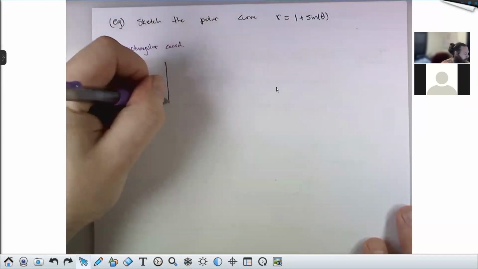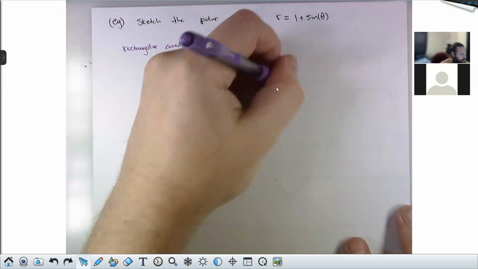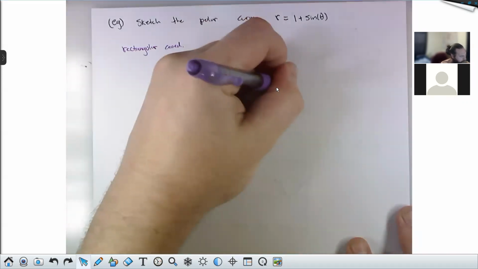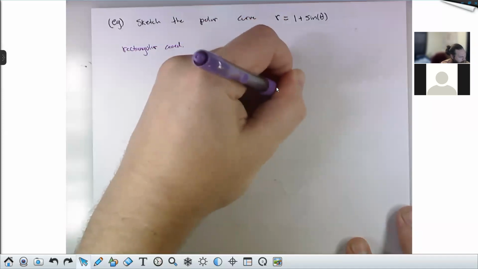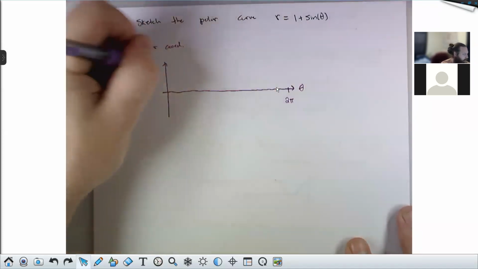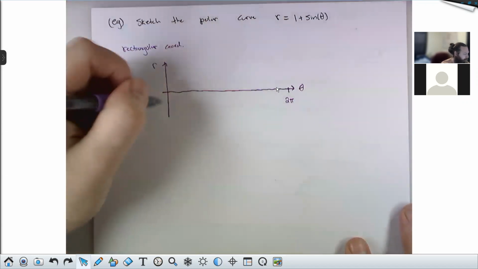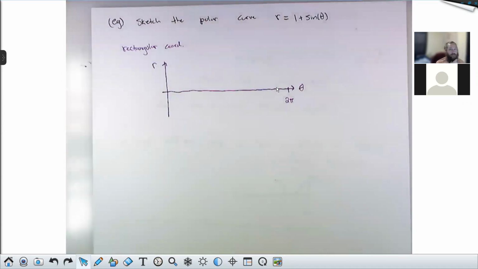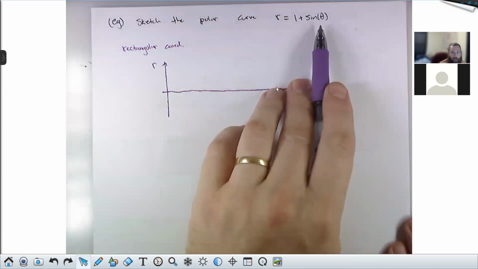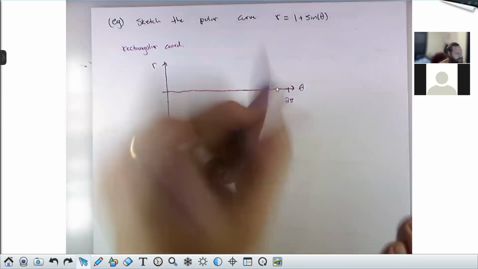And you always want to make sure you graph at least out to 2 pi. So this is my theta axis. This is my r axis. The period for this function, you want to know what the period is. Sine theta is periodic with period 2 pi.